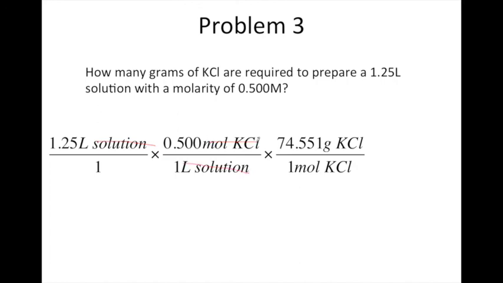My moles of potassium chloride cancel. I want moles on the bottom, and I'm going to end up with grams. So now I multiply everything on top, divide it by everything on bottom, and end up with 46.6 grams of potassium chloride. That's how many grams I need to dissolve in a total volume of 1.25 liters to give me a 0.500 molar solution.